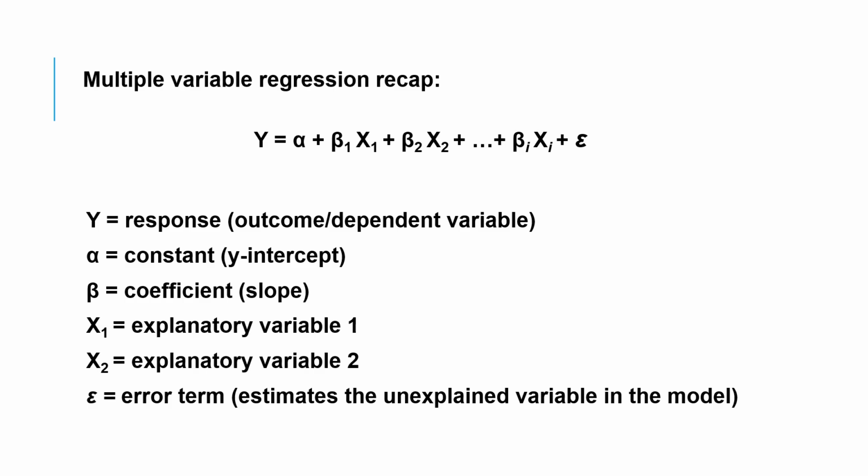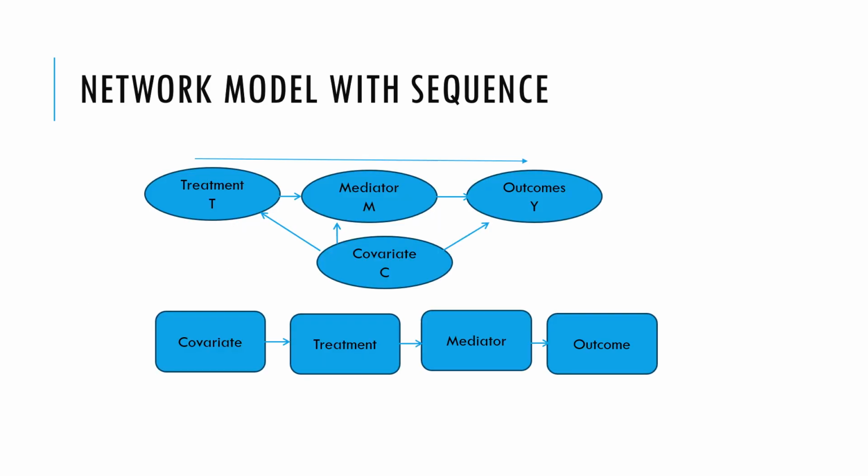Moving on, we'll do a quick recap of multivariable regression. We have our outcome Y equals alpha, which is the y-intercept, plus beta 1 x1 plus beta 2 x2, and so on, and then the error term. For regression network, we want to keep in mind the network model with sequence. Just take a quick look at this.